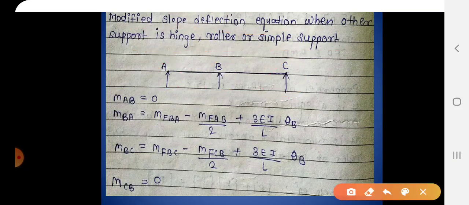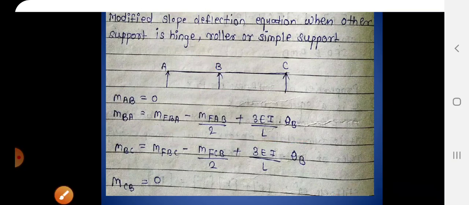So what will be the modified slope deflection equations? First is MAB. As this is a simple end support, MAB is 0. For MBA, B is the near end and A is the far end and it is a simple support. Therefore, MFBA minus MFAB by 2 plus 3 EI by L into theta B.